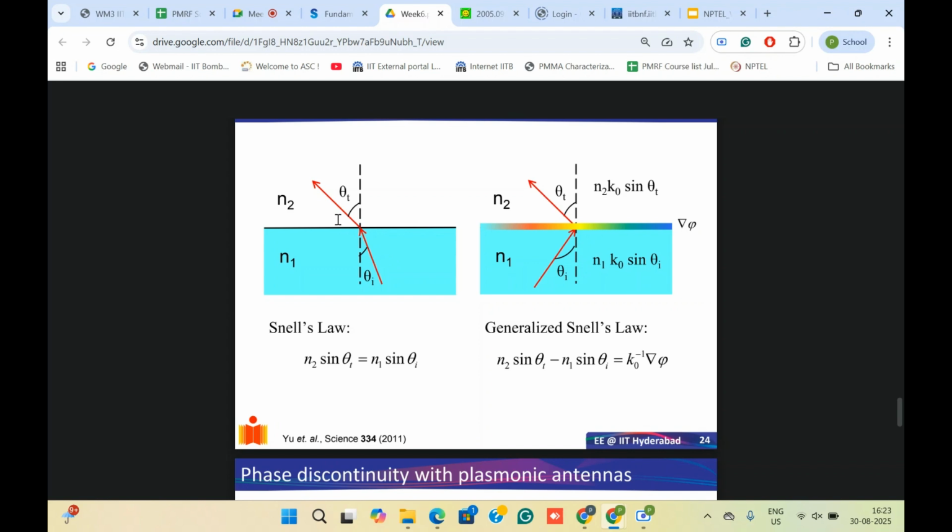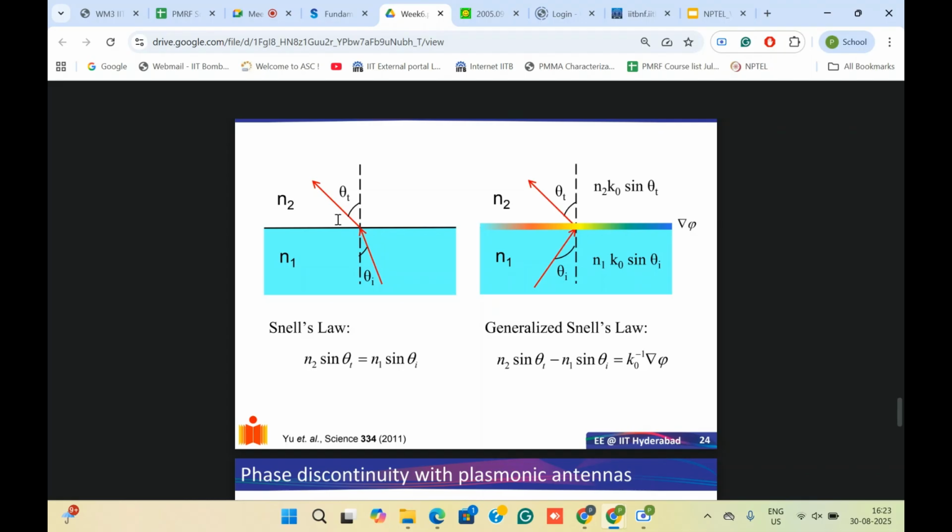So n2 sine theta t equals n1 sine theta i. So this is the standard thing.